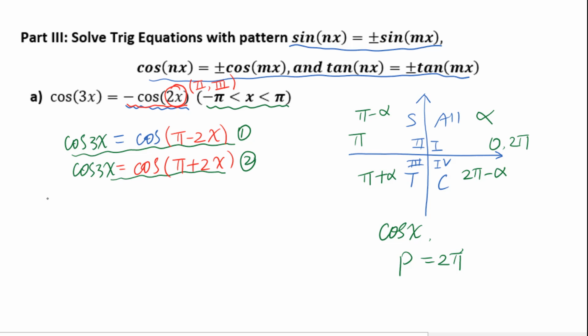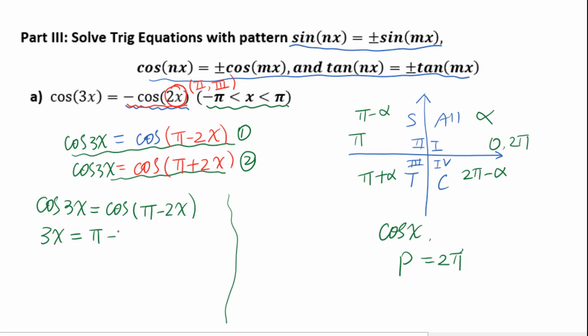So for the first equation, we can write down 3x equals pi minus 2x plus 2 pi times k. K is all integers. Let's solve this. Isolate the x on one side.